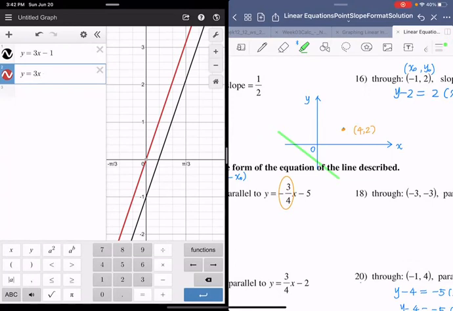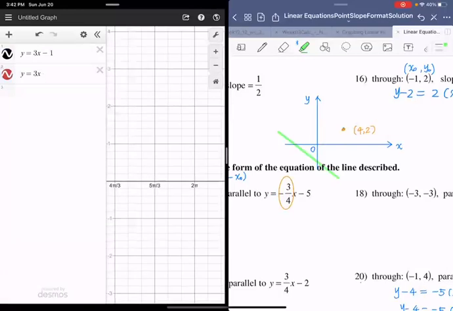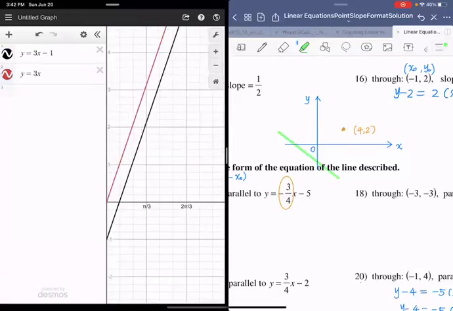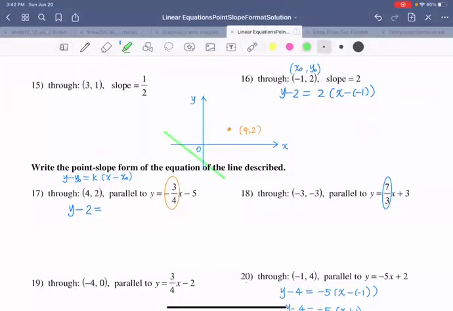As long as the slopes are the same number, these two lines will be parallel. So if I say two lines are parallel, you immediately make the slope the same. Does this graph make sense to you? Now, let's come back here. When they say these two lines are parallel, you are going to use this guy as your slope.